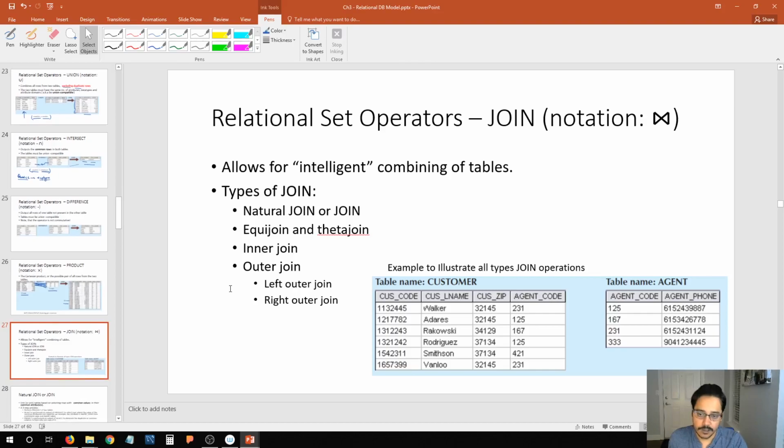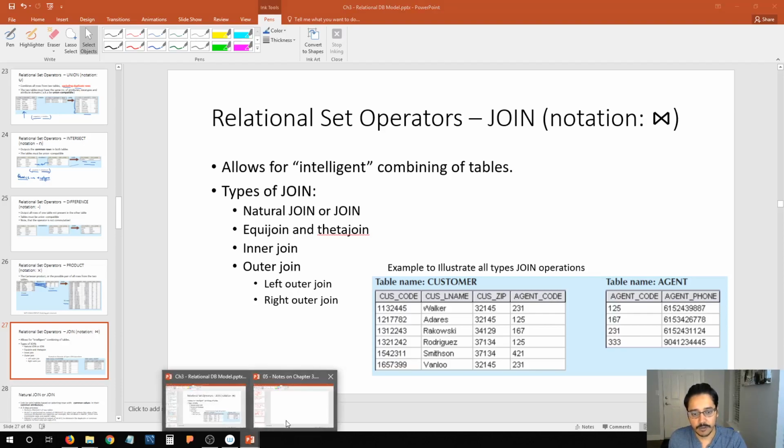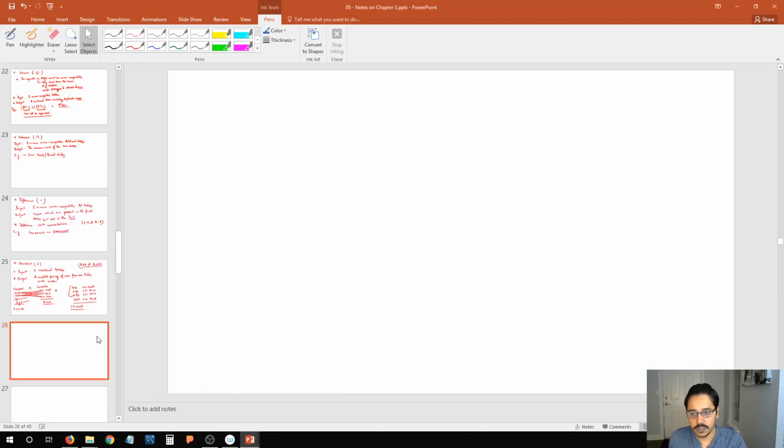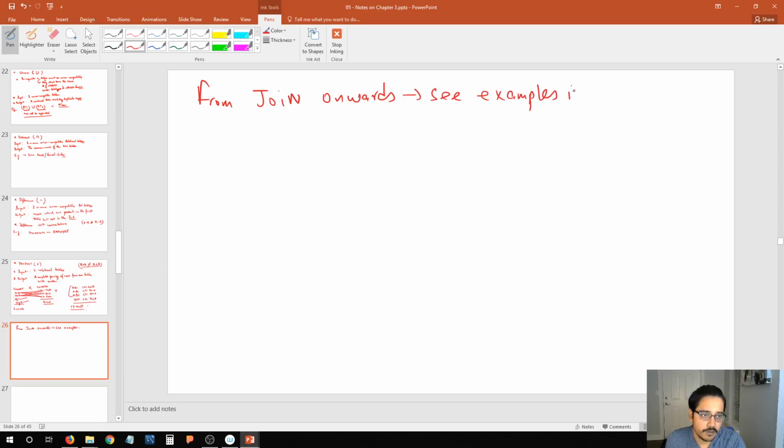So the next one is a bit fun, or it is basically the most important relational operator that you can have. So instead of going back and forth between these notes and this table, I'm just going to say from join onwards, see examples in formal slides.